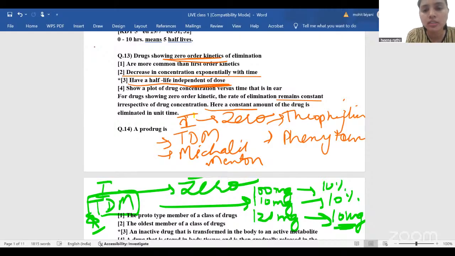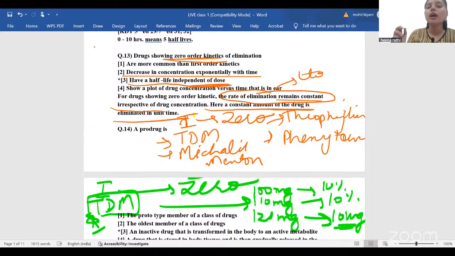Here, a constant amount of the drug is eliminated per unit time. For zero order kinetics, yes, if you plot a graph, a constant amount of the drug is getting eliminated, but the rate of elimination does not remain constant. So option C is correct, that they have a half-life independent of the dose.